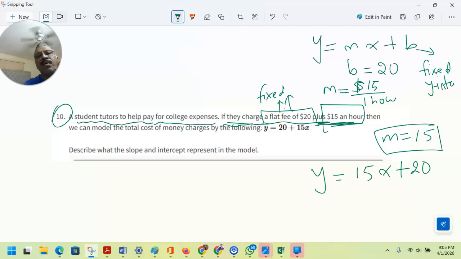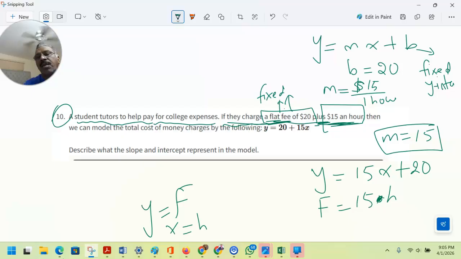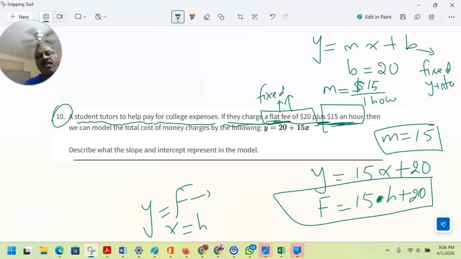So instead of y, you can say f, like this. I can say f equals 15 times, instead of x, you could use how many hours, h. So you get used to the letters that I used, because f is the dependent variable, how much fee he is going to charge.